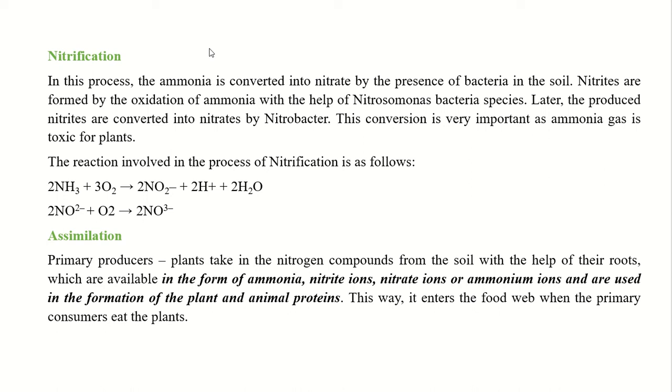Now assimilation. Primary producers, that means plants, take in nitrogen compounds from the soil with the help of their roots. So the root takes the nitrogen source in the form of nitrite ions, nitrate ions, and ammonium ions. These are used in the formation of plant and animal proteins.